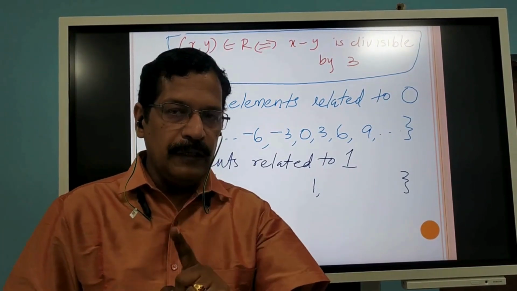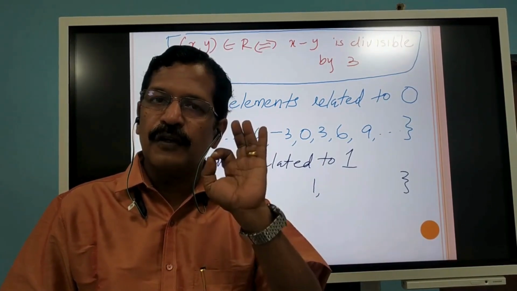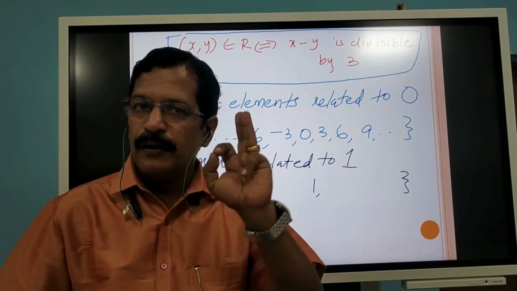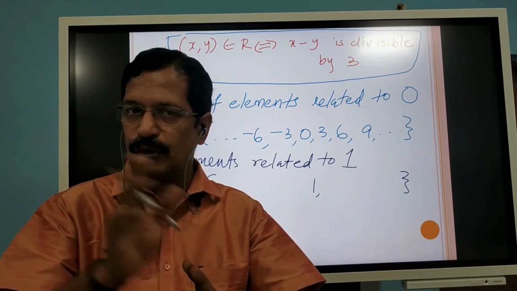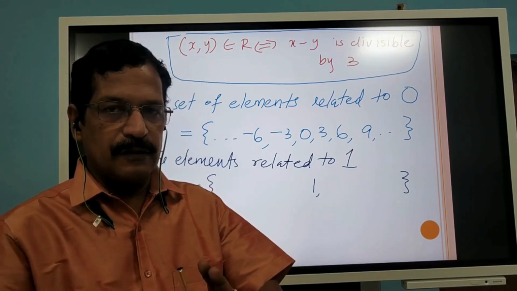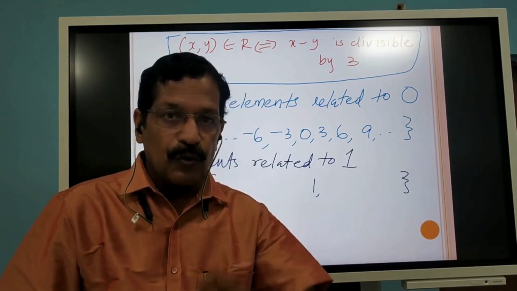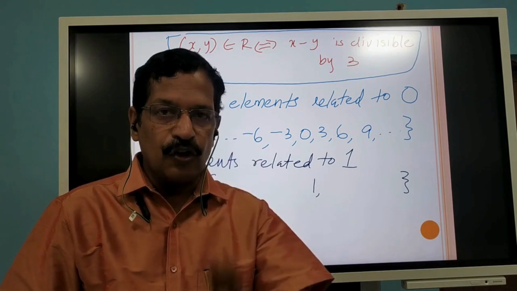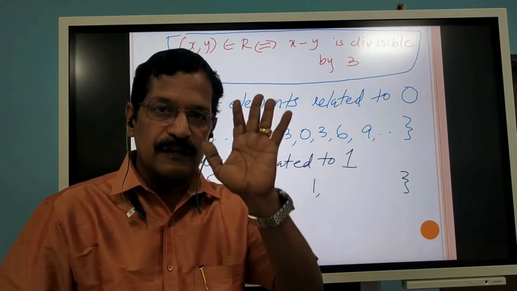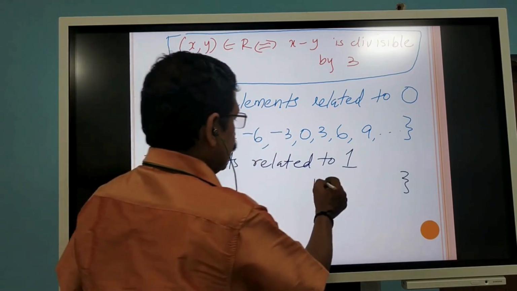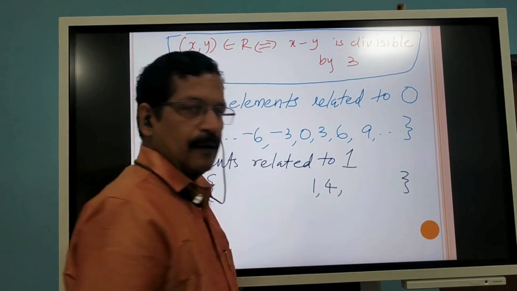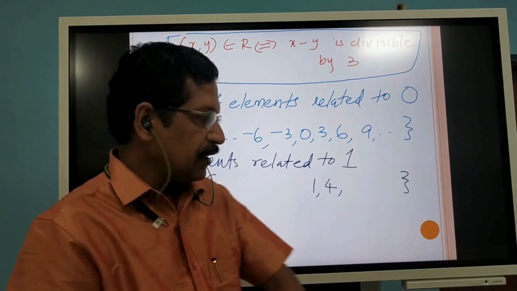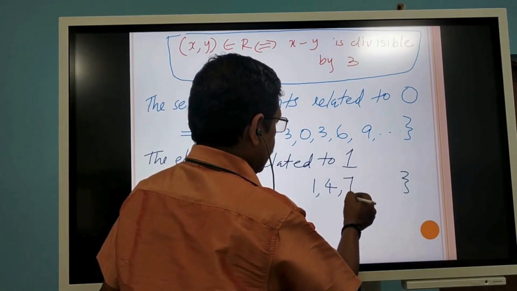Whether 2 is related to 1: 2 minus 1 is 1 only, it is not divisible. Is 3 related to 1? No, 3 minus 1 is 2, not related. 4 is related to 1. Reason? 4 minus 1 is equal to 3, which is divisible by 3. So, 4 is related. 5 not related, 6 not related, but 7 is related to 1. So, 7.